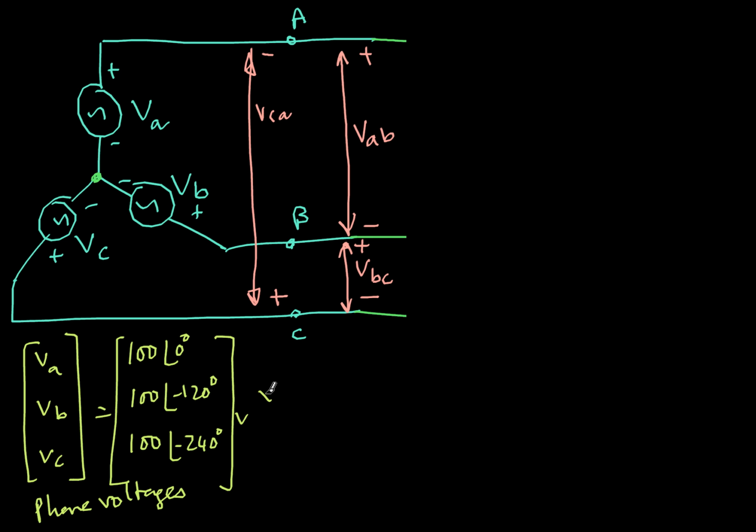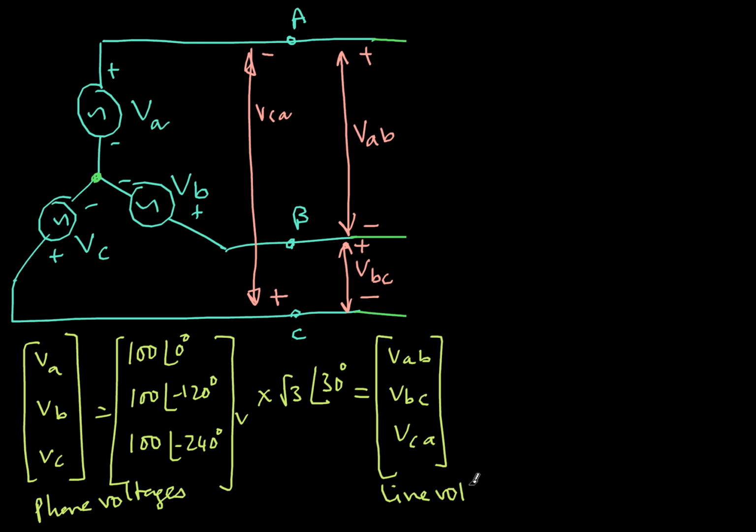Now what you do, you multiply it with root 3 and angle 30 degrees. That means I'm increasing the magnitude by a factor of root 3, and then I'm shifting the angle by plus 30 degrees. Then I'll get the line voltages VAB, VBC and VCA. So these are line voltages.